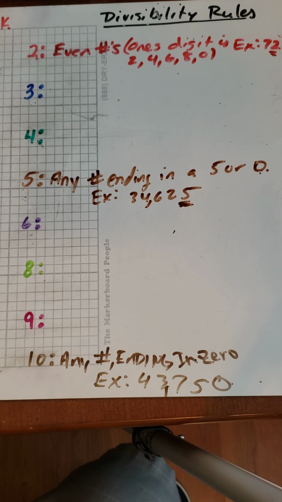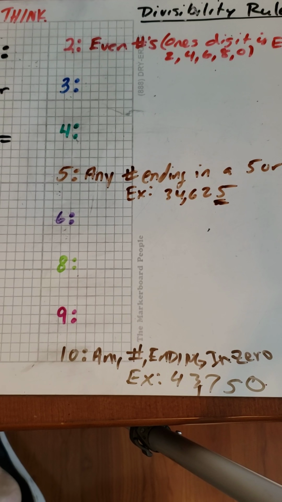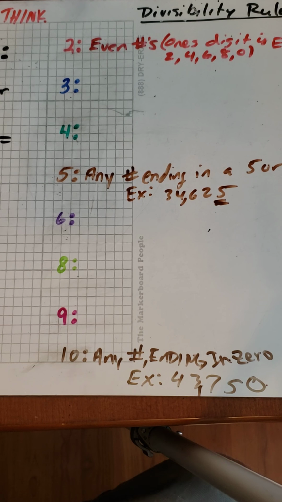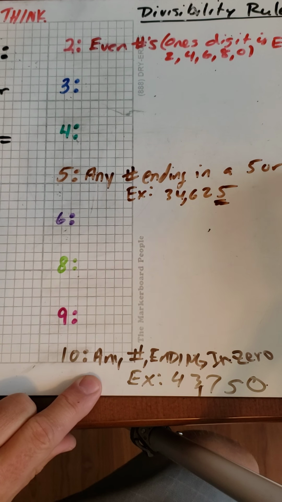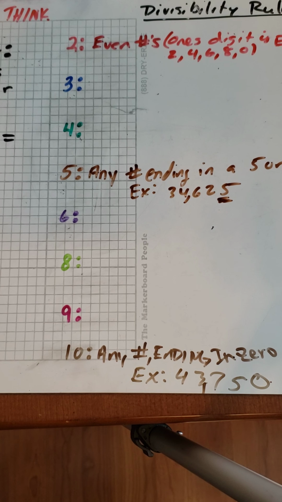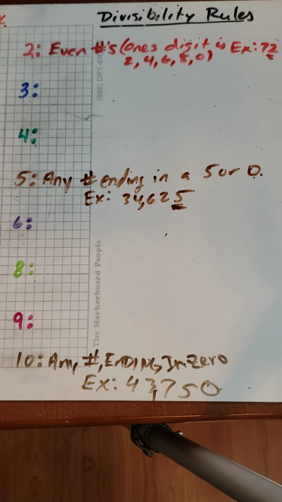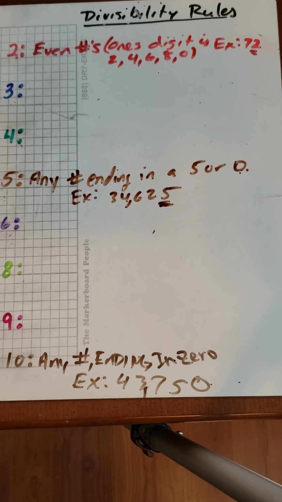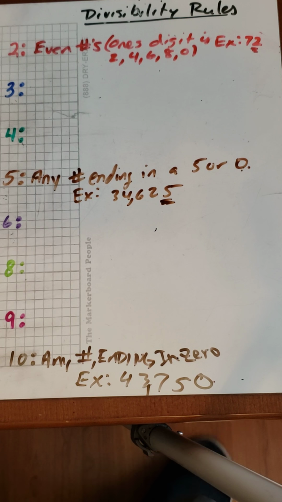So if a number is divisible by 10, then it's always going to end in a 0, and we know it's also going to be divisible by 5.